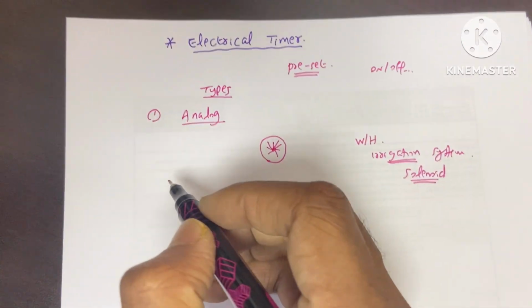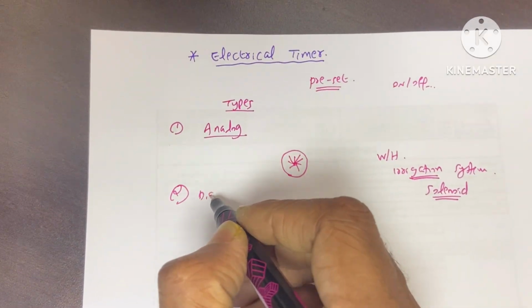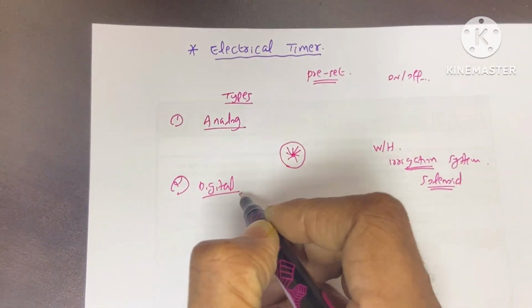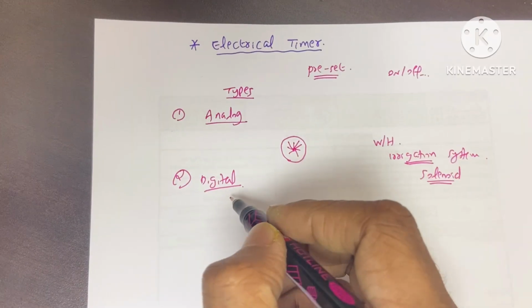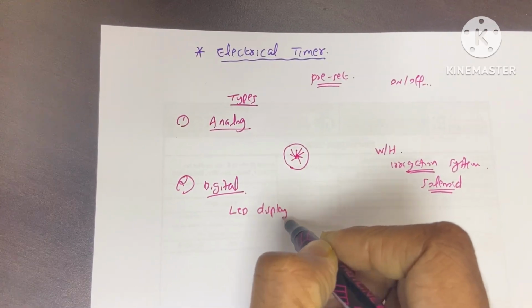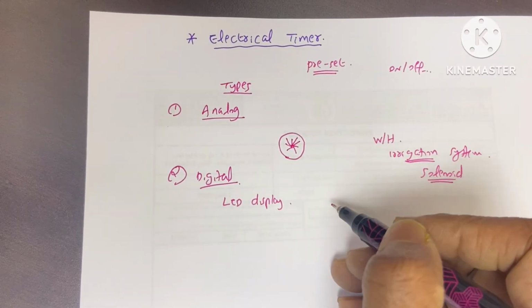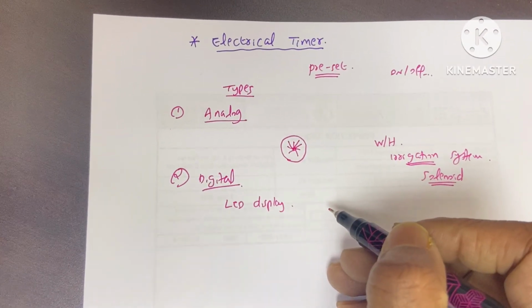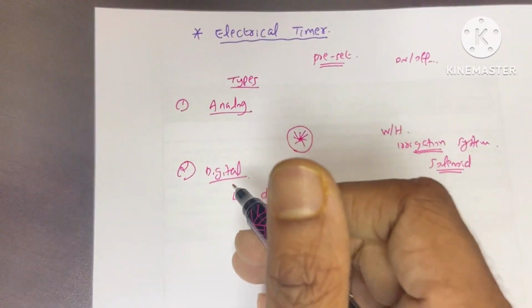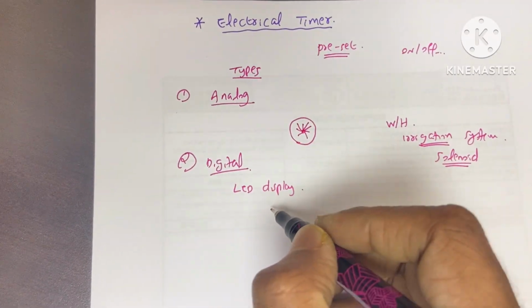The second one is the digital timer. This digital timer has an LCD display. On that LCD display we can set the time and program it as we wish, and this digital timer offers high accuracy.